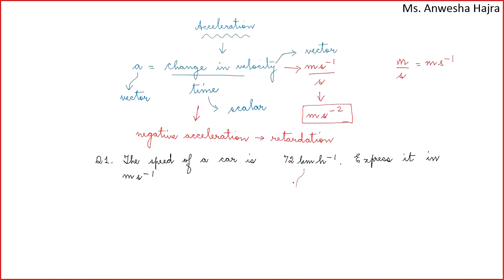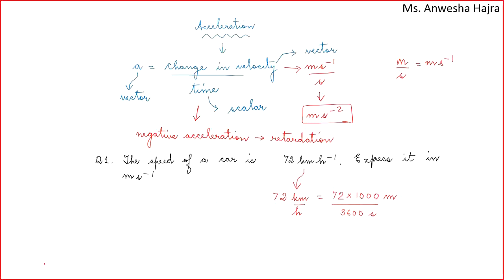Now this is 72 km per hour. You have to convert it into meter per second. Kilometer to meter, children, you have to multiply with 1000, and 1 hour is 3600 seconds.